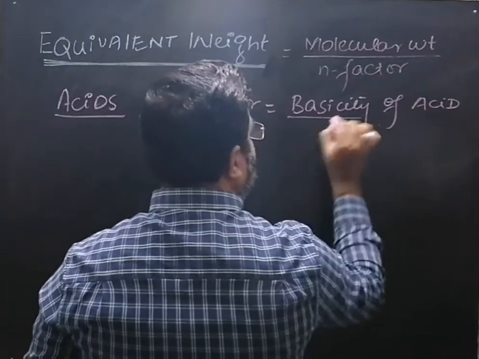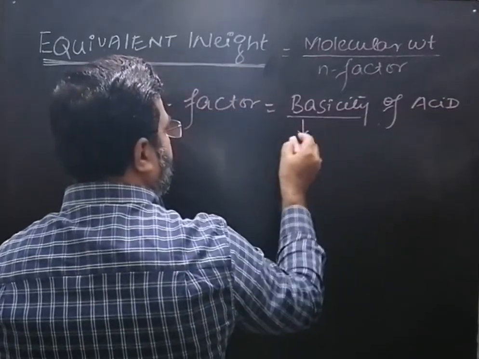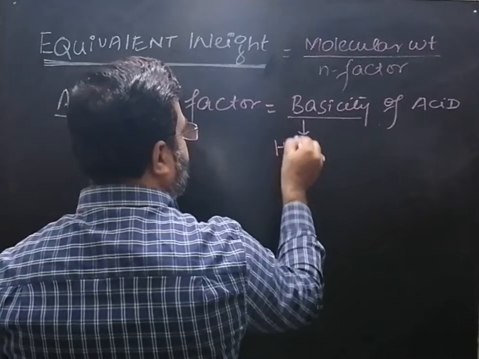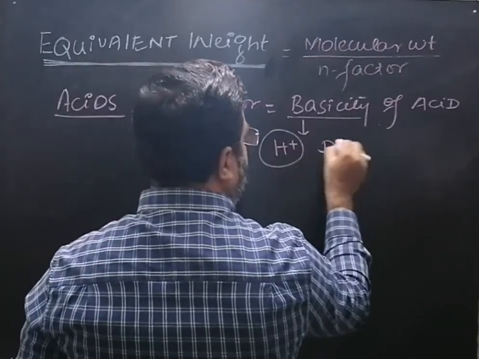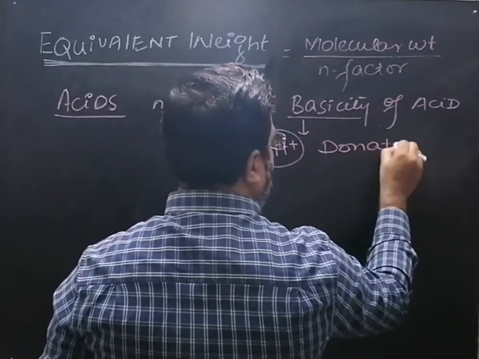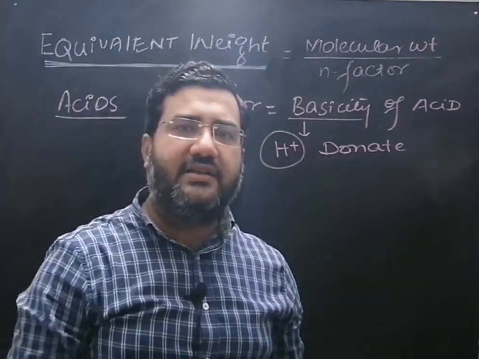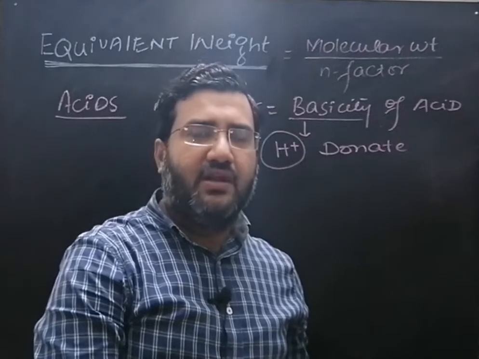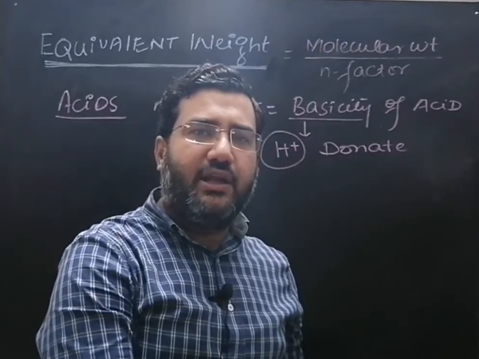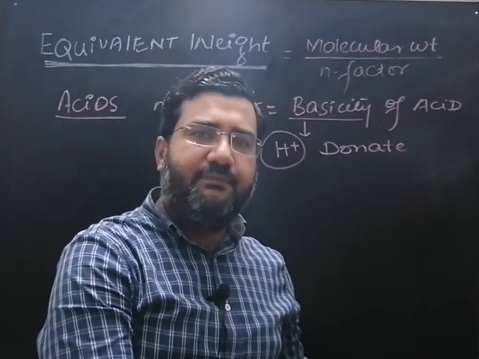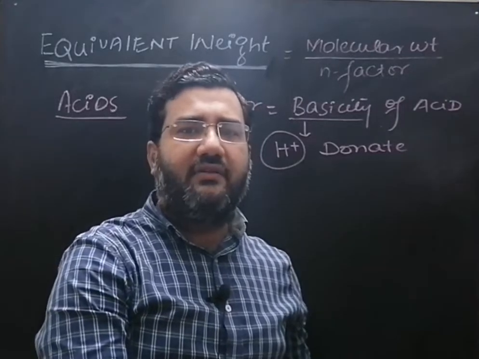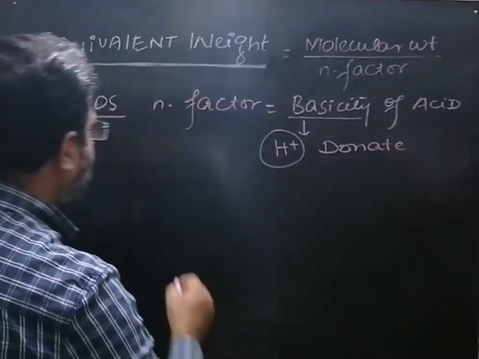And what is meant by basicity? Basicity means how many protons an acid can donate. So whenever you are required to find the equivalent weight of any acid, simply divide the molecular weight by its basicity. Let us take some examples.